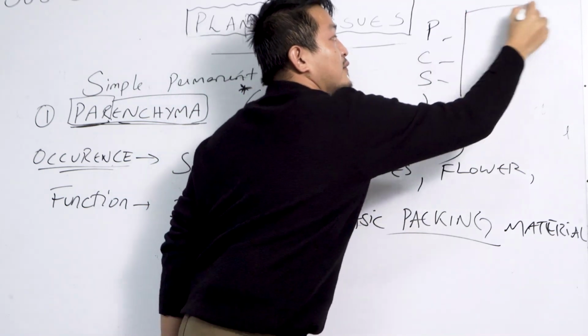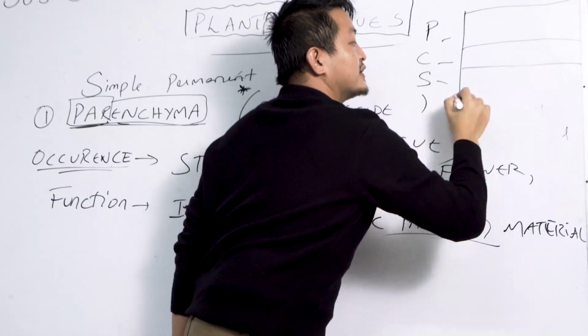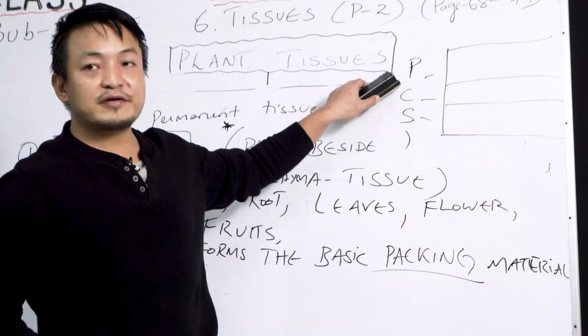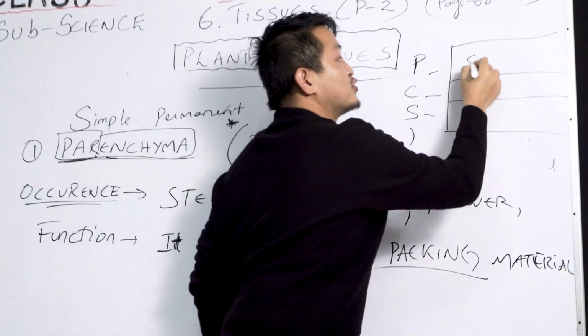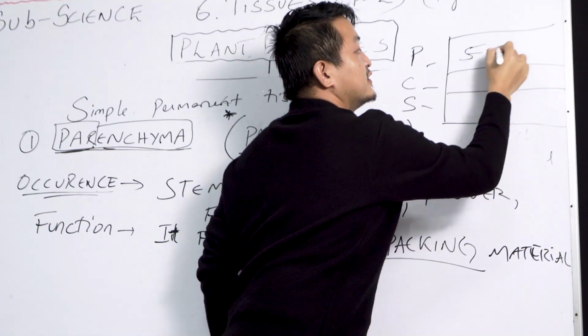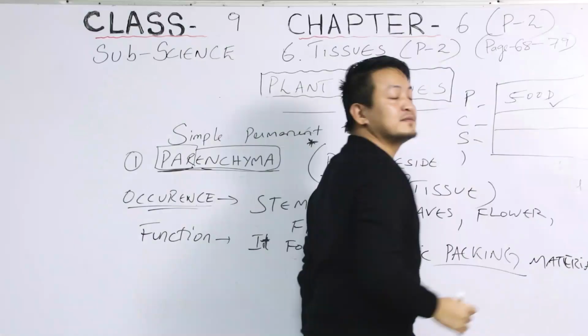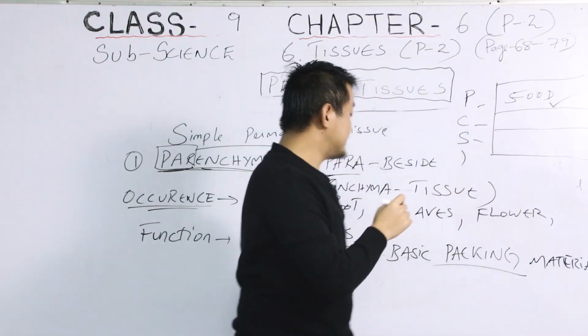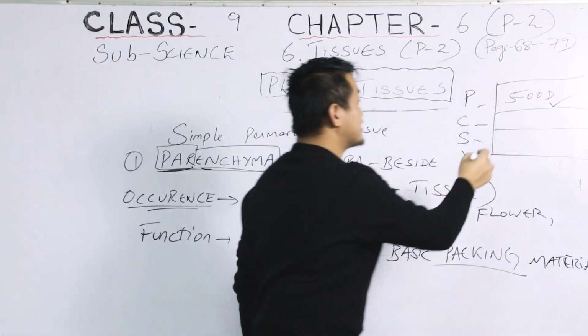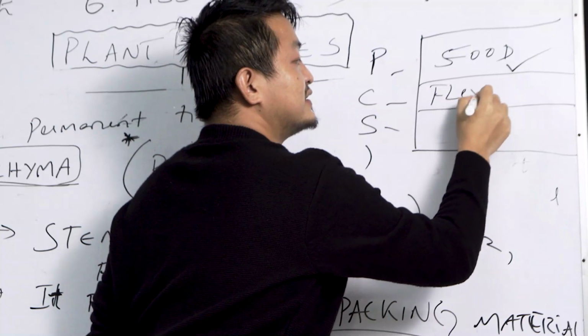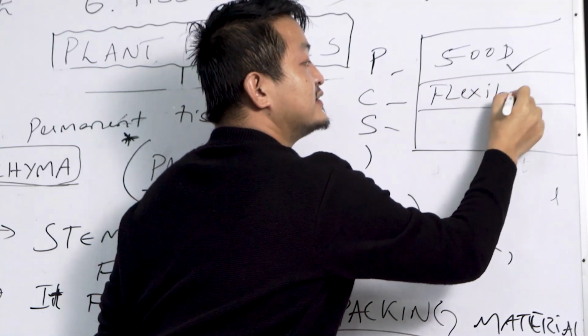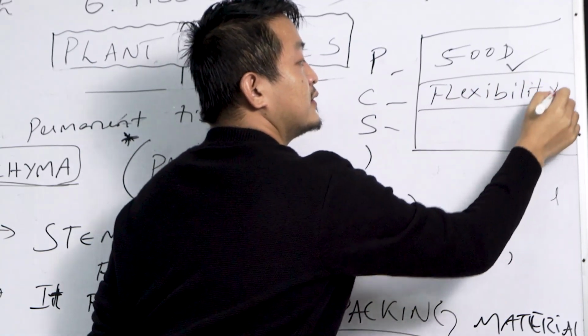Now, one thing I want you to remember is that for parenchyma, you remember that it is storage of food. And then collenchyma, which we are going to study in the next topic, will be about flexibility. Clear?